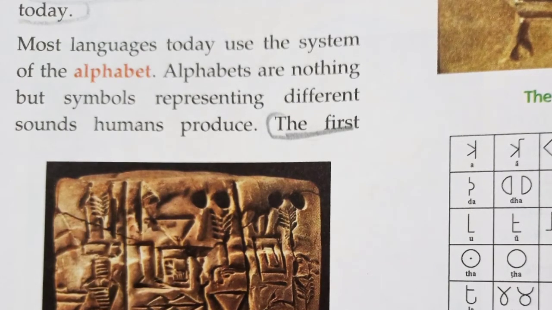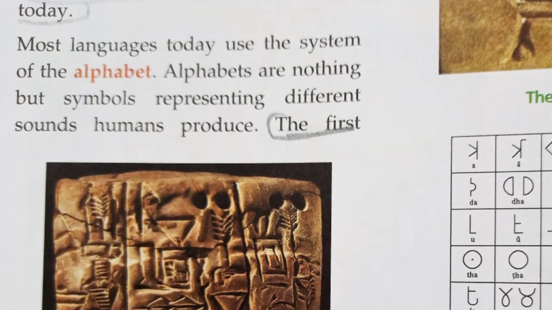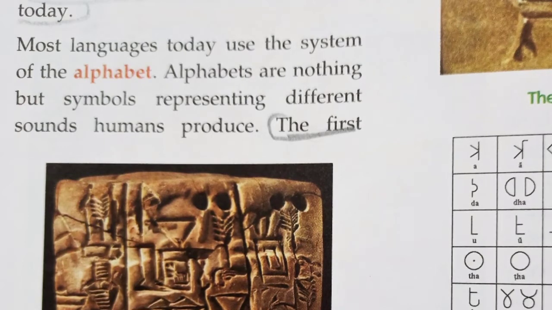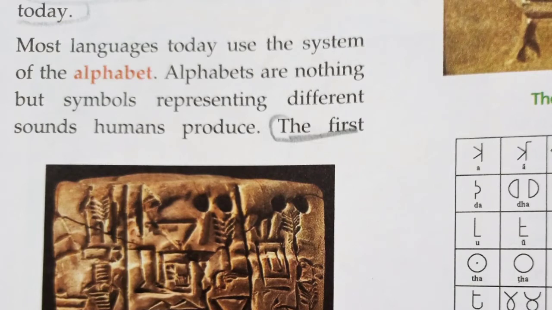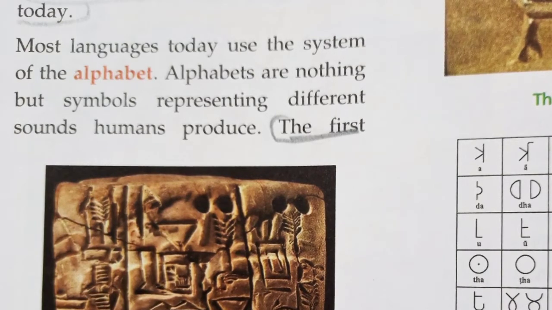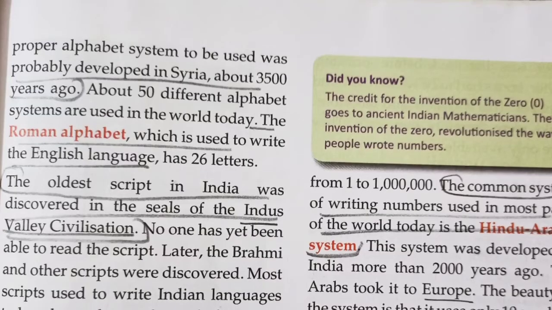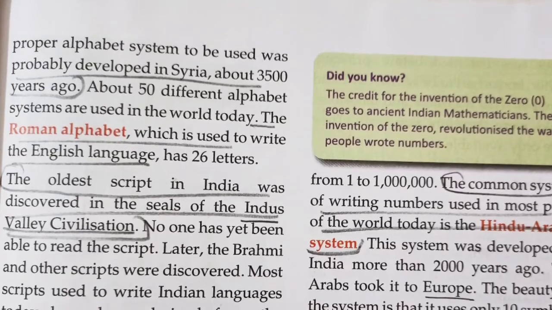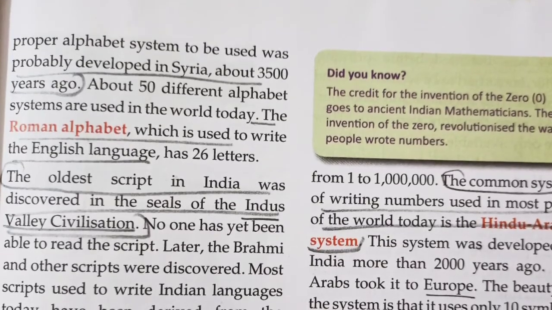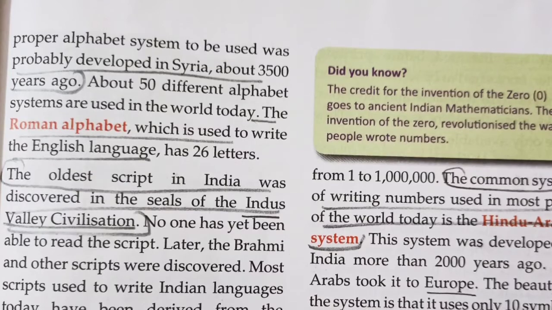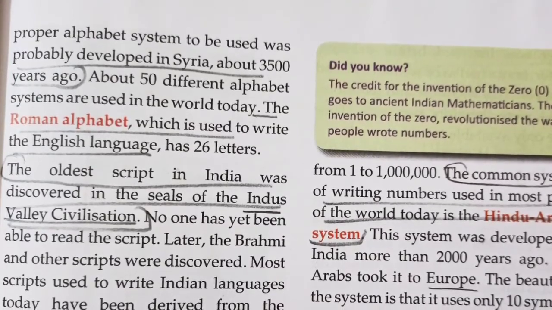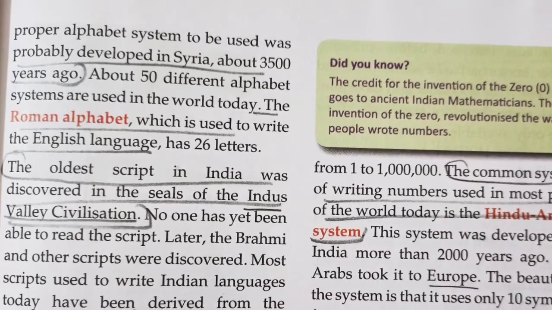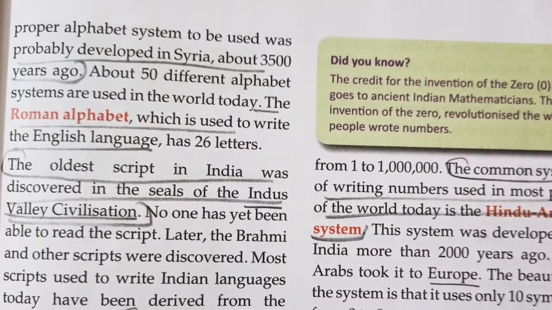Most languages today use the system of alphabets. As we all know, for a different sound we have different alphabets. So alphabets are nothing but the symbols representing the different sounds humans produce. A proper alphabet system was probably developed in Syria about 3500 years ago. It was developed in Syria first, and that was a time somewhat 3500 years ago.